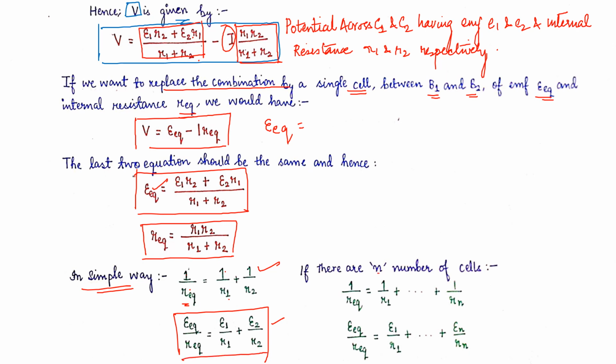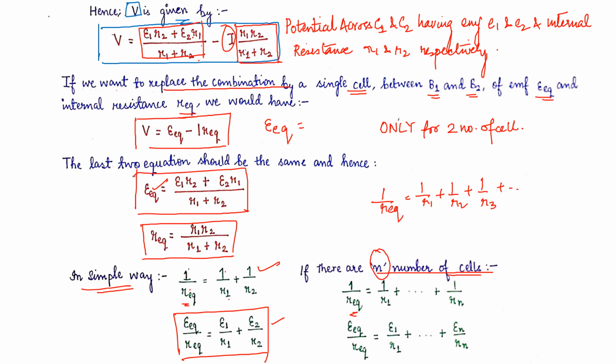Over here we have seen only two cells, for easy explanation and derivation. But when we have n number of cells, how can we do the combination? In this case, 1 upon R equivalent equals 1 upon R1 plus 1 upon R2 plus 1 upon R3, and it will keep on going up to 1 upon Rn.